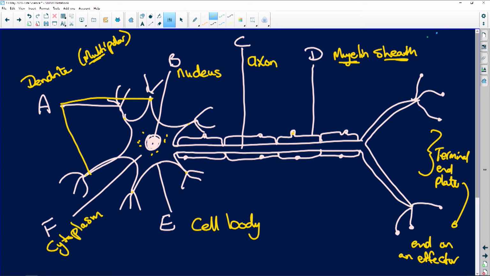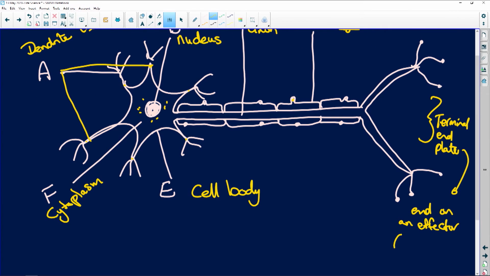And what is an effector? An effector would be a muscle or a gland. So it's whatever is going to respond to what the brain wants it to do.